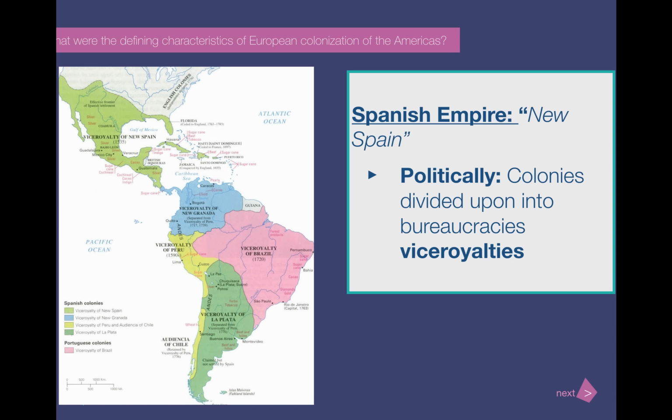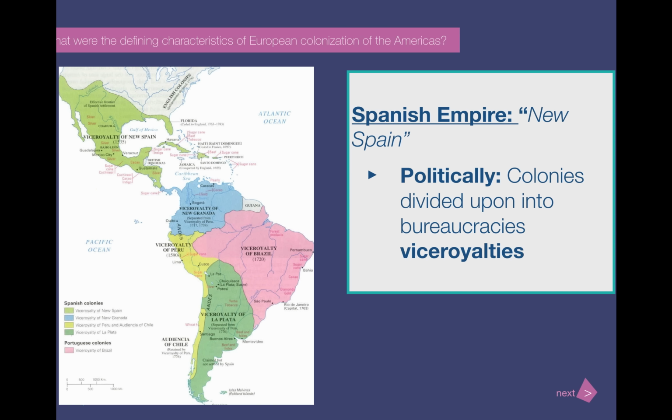So in the entire Spanish Empire, both the former Aztec and Inca lands plus what I'm going to call the sugar colonies, Spain began to establish political control of this region by dividing it up into what are called viceroyalties, and the viceroy. If you drop the "alty" off of that word, the viceroy was the lead representative of the Spanish government in these regions.